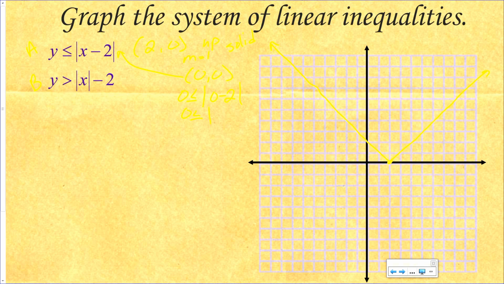Negative 2. The absolute value of negative 2 is 2. Is 0 less than 2? Yes, so I'm going to shade what part? The part where the 0, 0 was, because this was true and I picked 0, 0. So the outside part. Not inside the V, outside the V.